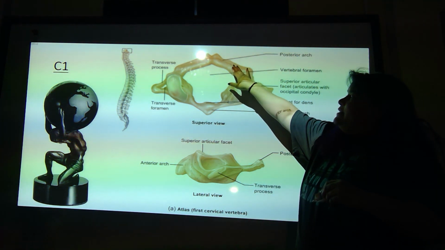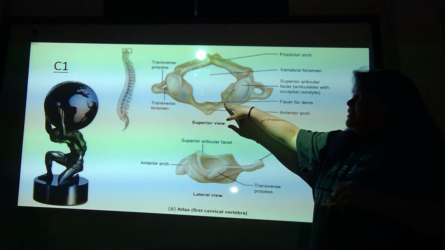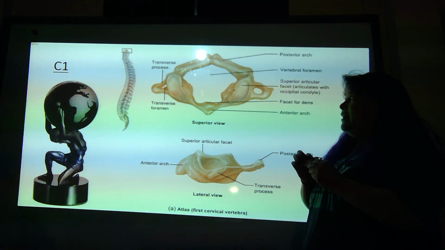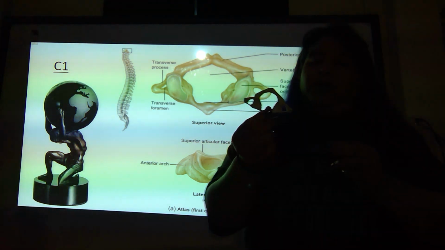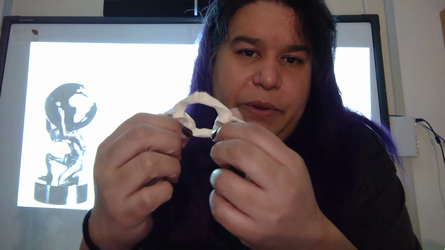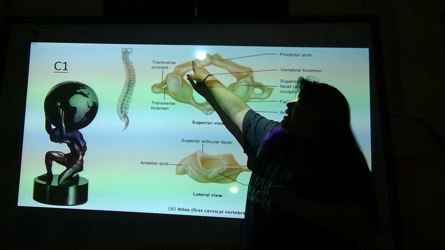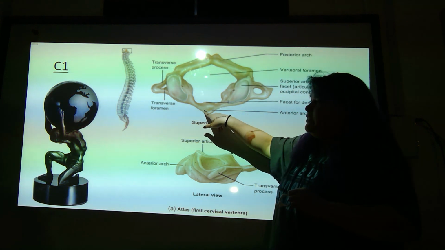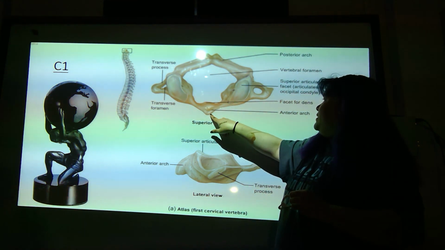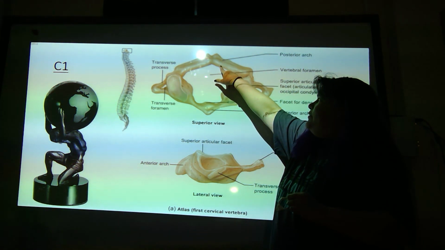So you've got the posterior arch and the anterior arch, and you can tell the difference based on how far away they are from here. Remember the little place where the occipital condyles are? If you look, this is a huge arch compared to this one. So this is anterior, this is posterior.